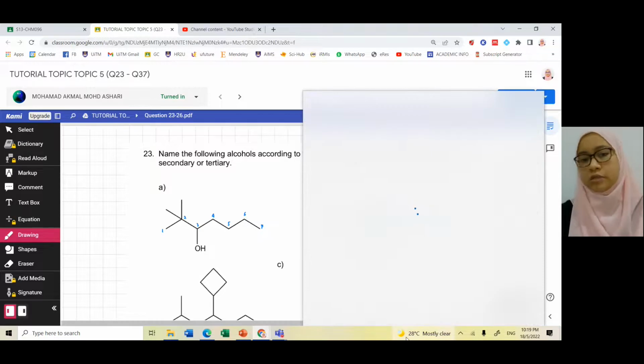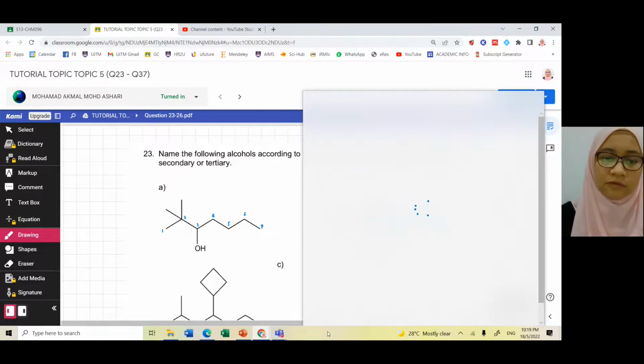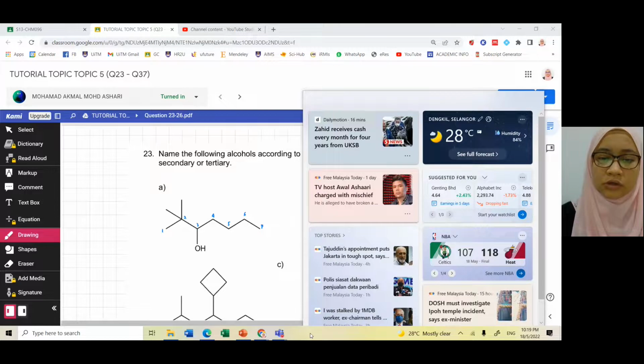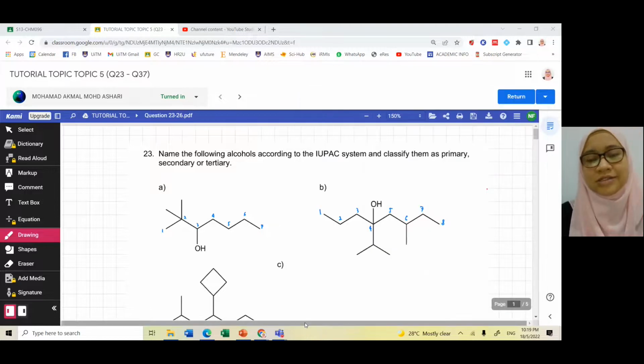Question number 23: name the following alcohols according to the IUPAC system and classify them as primary, secondary or tertiary alcohol. Let's check the answer.